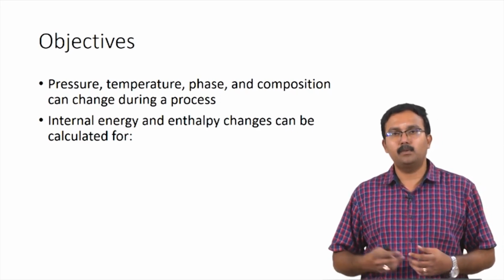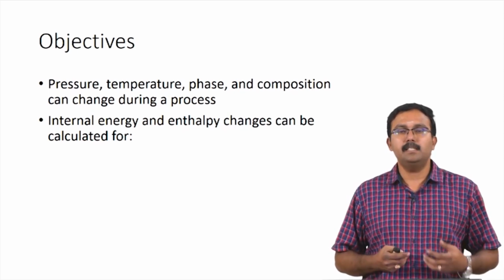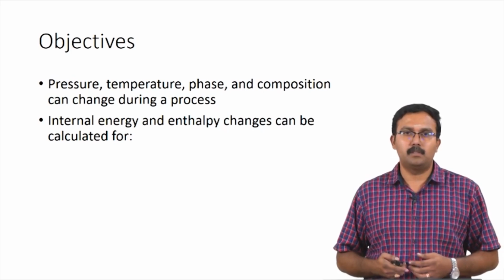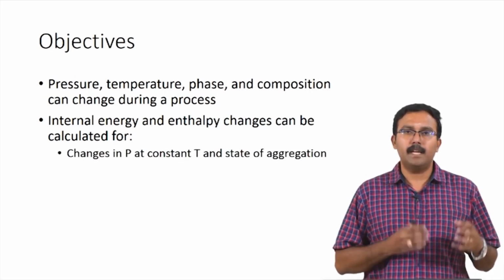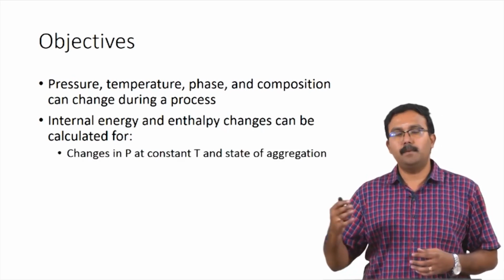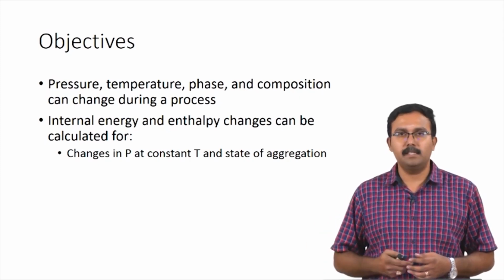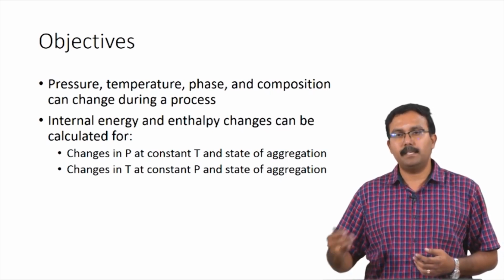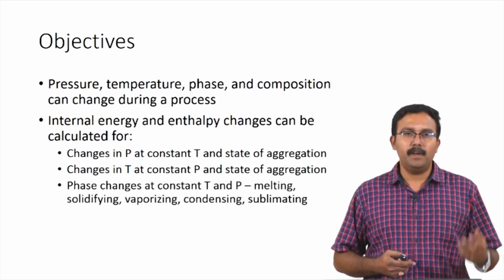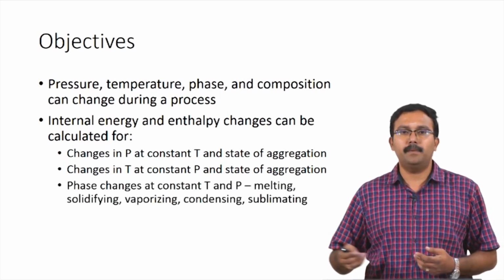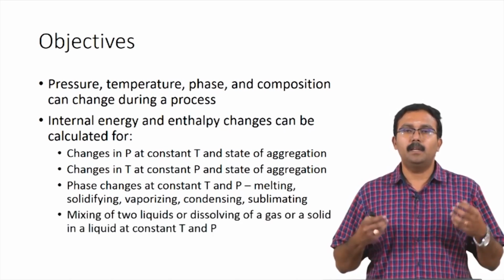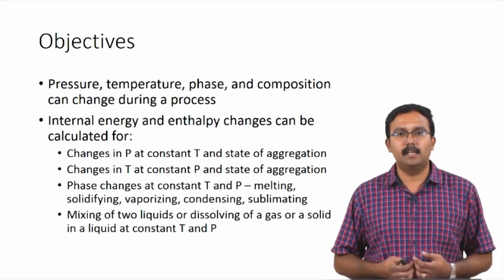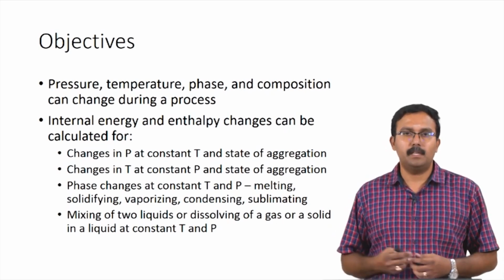Instead, what we can actually do is calculate the change in internal energy or enthalpy for the following processes: where pressure changes at constant temperature and state of aggregation or phase, where temperature changes at constant pressure and phase, where phase changes at constant temperature and pressure, and when there is mixing of two liquids or dissolving of a gas or a solid in a liquid at constant temperature and pressure.